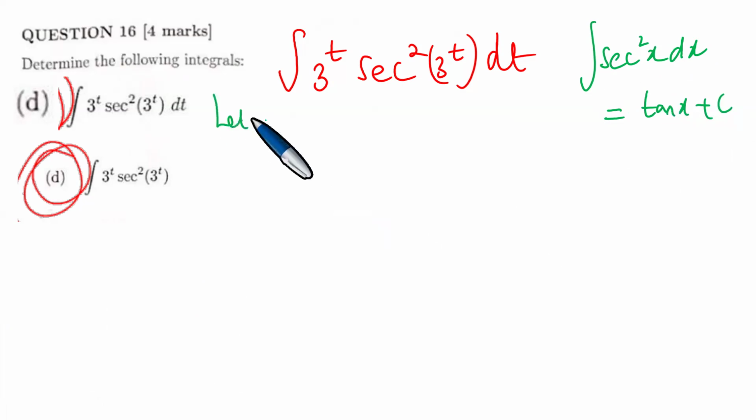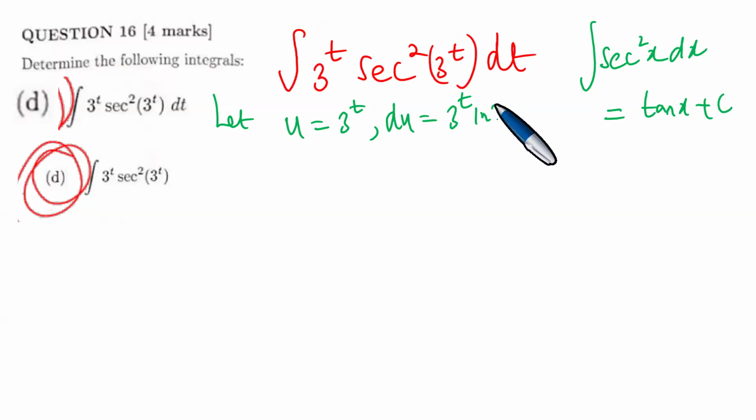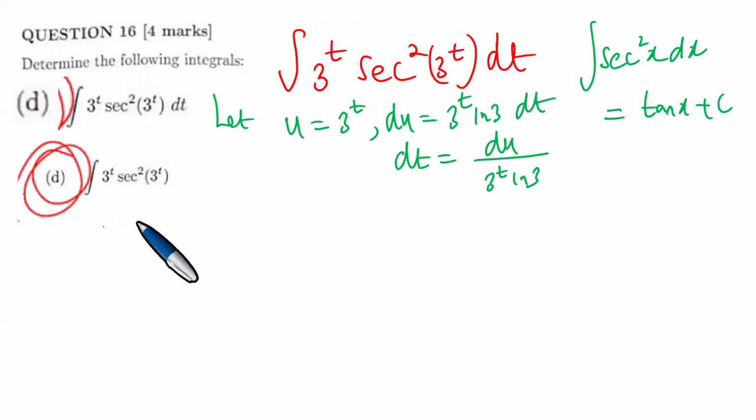So if we let u be 3 to the power t, then du is the derivative of this function, 3 to the power t times ln 3, and then you put dt here. So at this point, you can make dt the subject. So dt becomes du divided by 3 to the t ln 3.